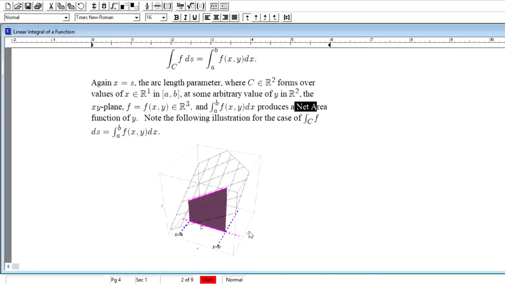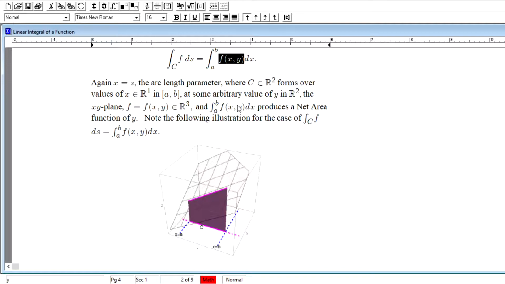Whereas if I was to push the arbitrary value of y towards the back of this space, that net area would likely grow in its size as we consider it forming over this curve C and under this surface F. That is what we are calculating when we calculate the single integral operator applied to this function of f.